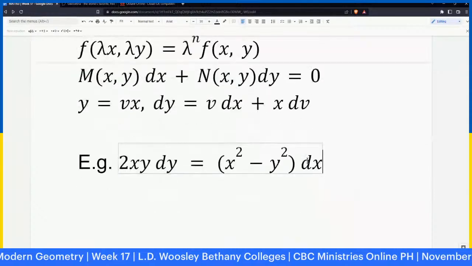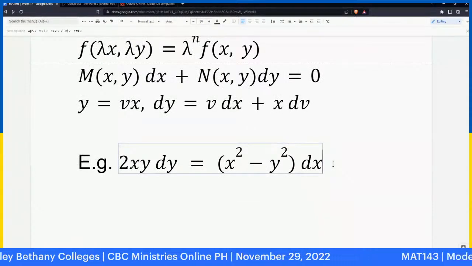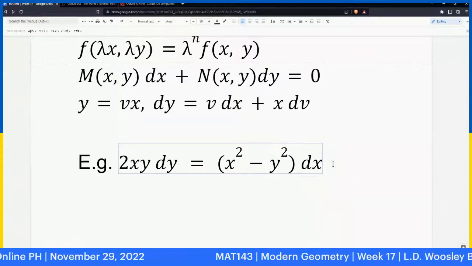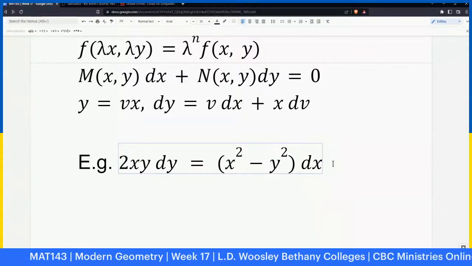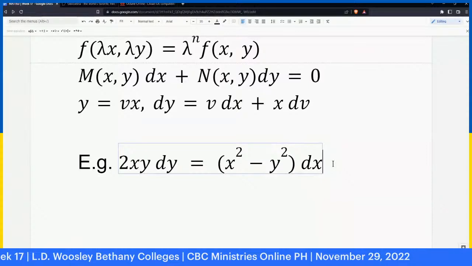We will test the homogeneity of this equation because somewhat it's hard for us to have variable separable in this case. It's very hard. No, mahirap. Kasi but we could test its homogeneity.